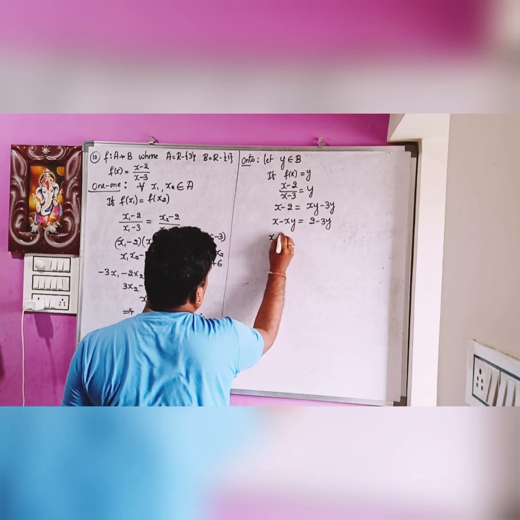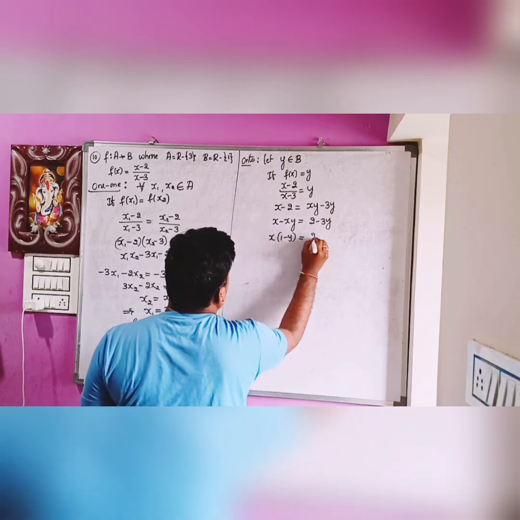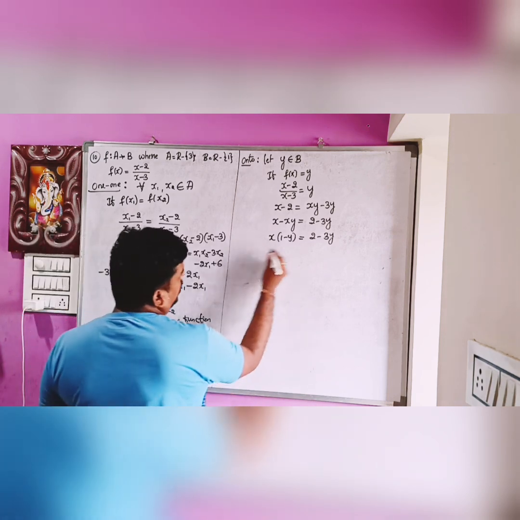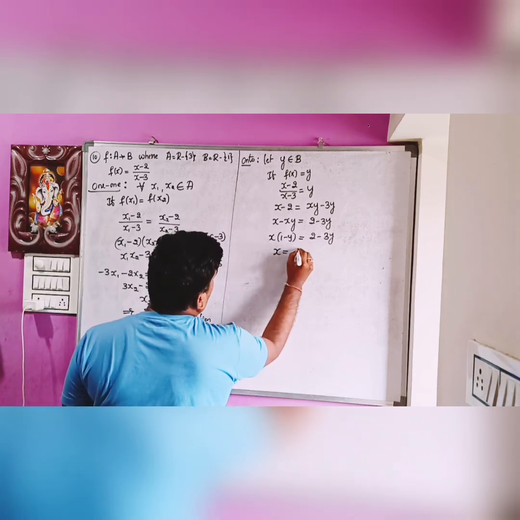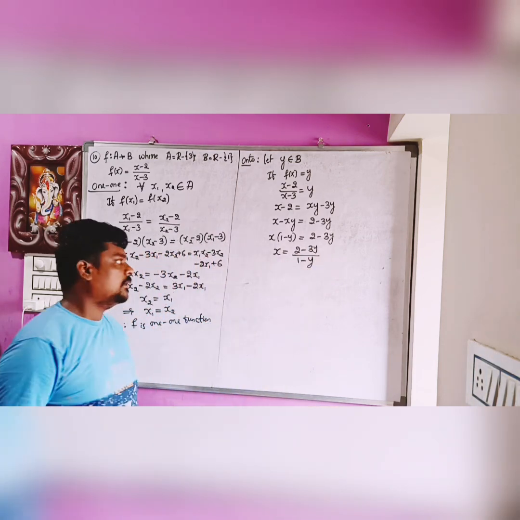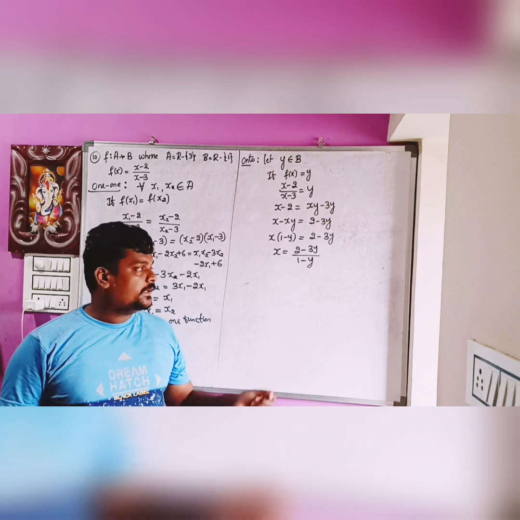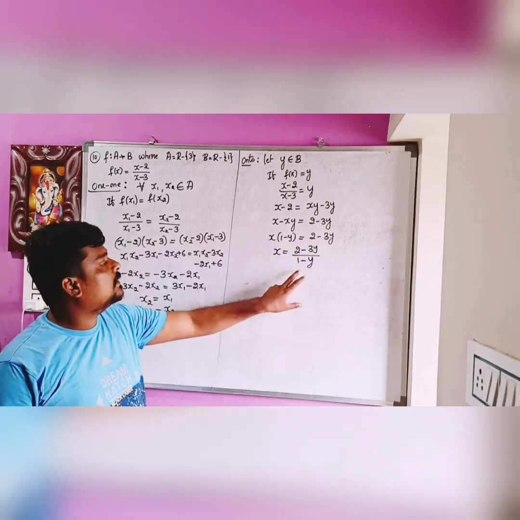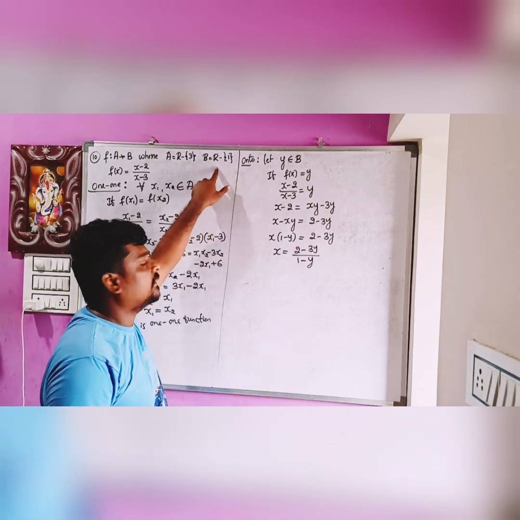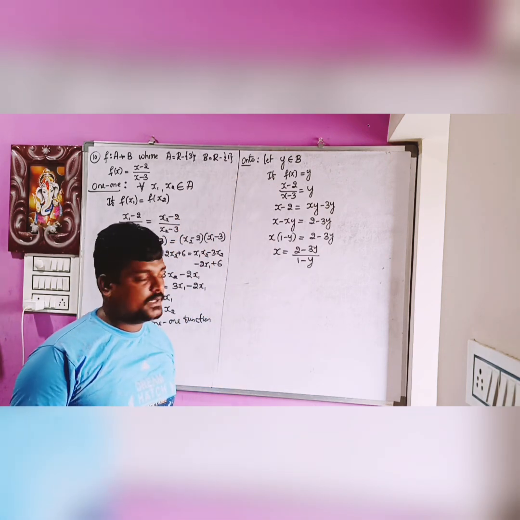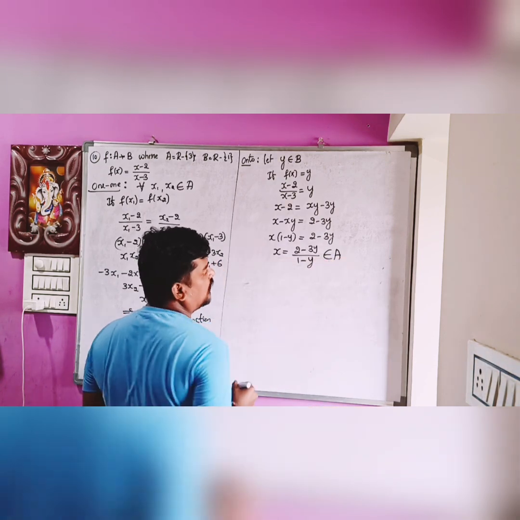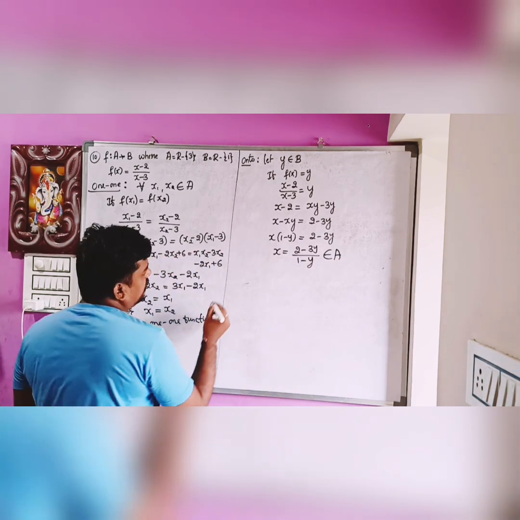Taking x common, x times 1 minus y equals 2 minus 3y. Next, x is equal to 2 minus 3y divided by 1 minus y. So y cannot be 1 to define the value of x. Y cannot be 1 because y belongs to B, which is given as real numbers except 1. This means x always belongs to set A.